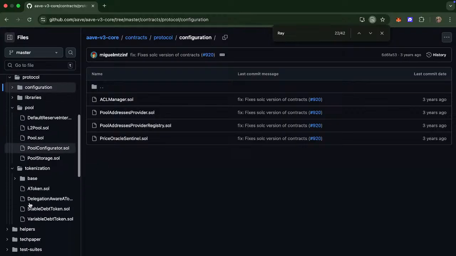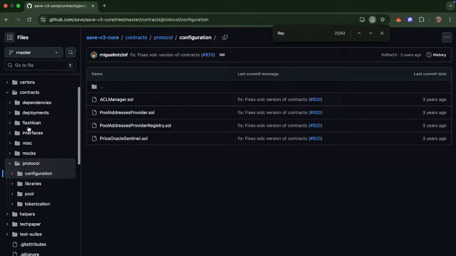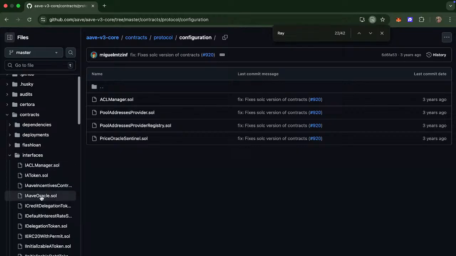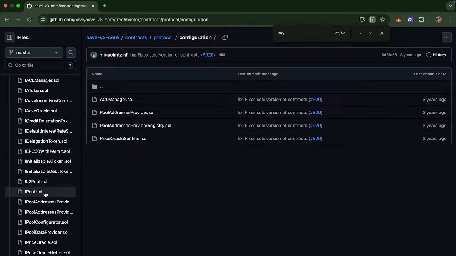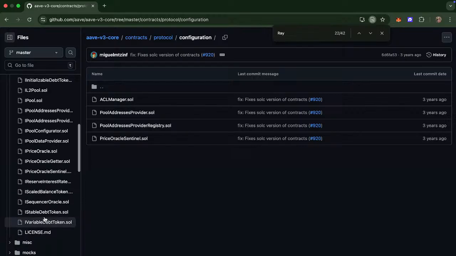There isn't tokenization, nothing is there. Where can I find it? I interest rate strategy. There is nothing.